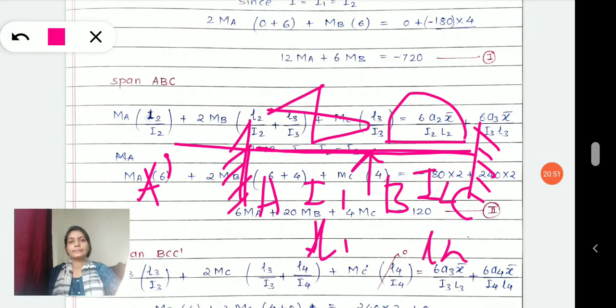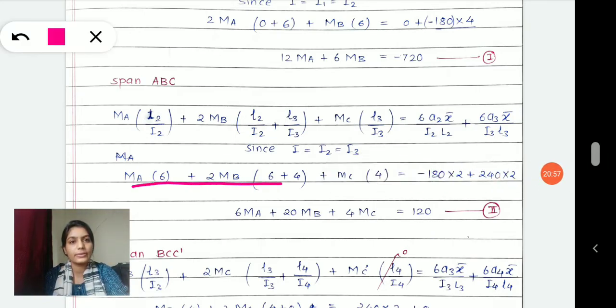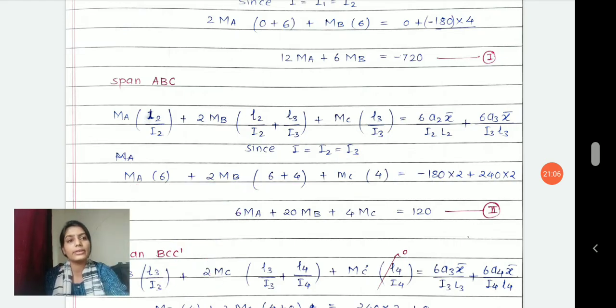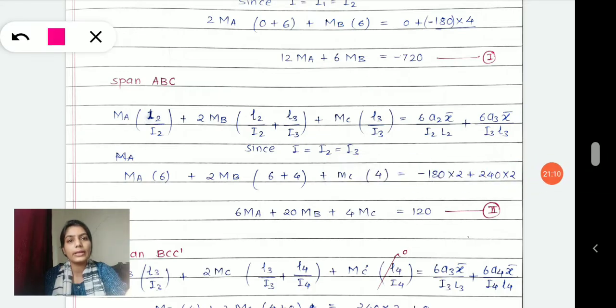So let's put the values in this equation and simplify it. MA will be there because at the fixed end a moment has to be developed. That moment we are trying to calculate. So MA into I2 L2 plus twice of MB, and so on.